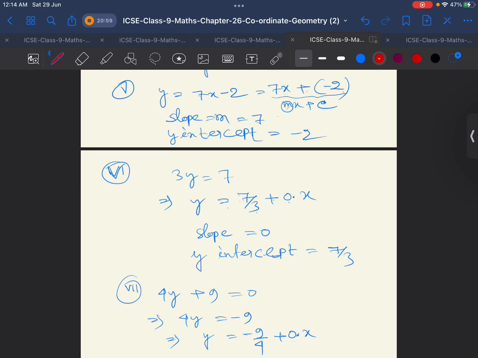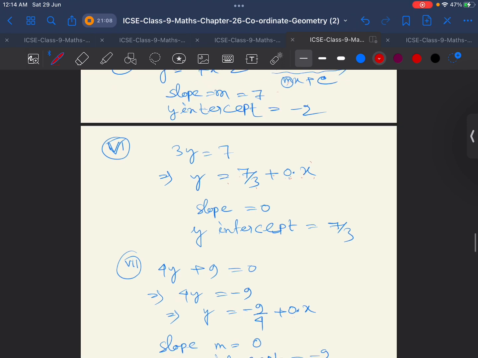The term of x we can write as 0 into x. We compare this equation with mx plus c. So m is 0 and c, the y-intercept, is 7 by 3.